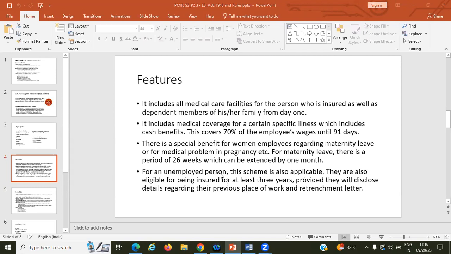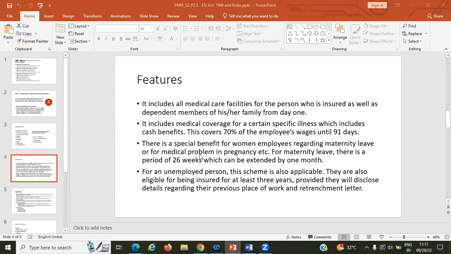They are also eligible for being insured for at least 3 years, provided they disclose their previous place of work and retrenchment letter. So in case of unemployment, there is a rule. You should get cash benefits for a certain period of time. So ESI also has that facility.